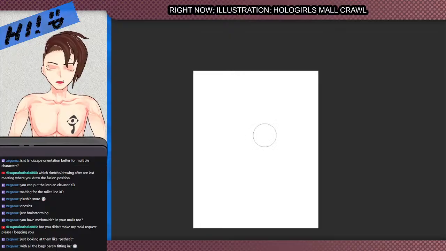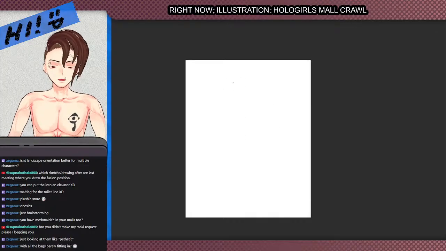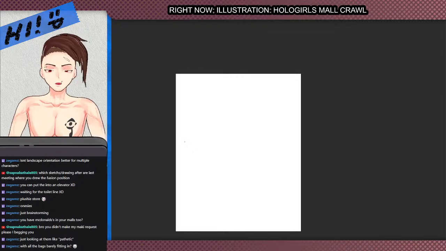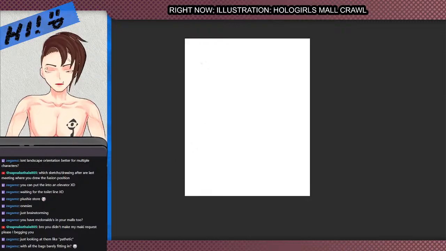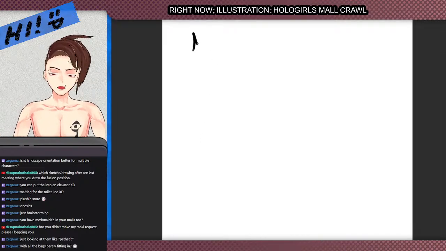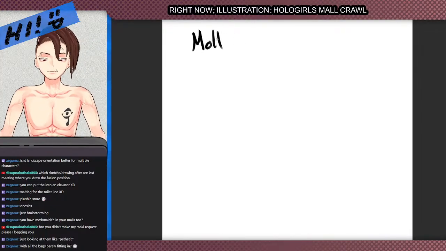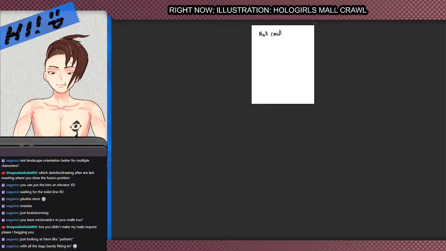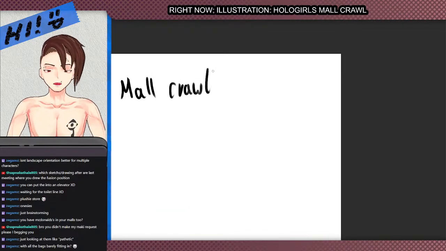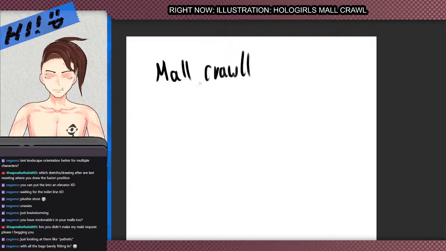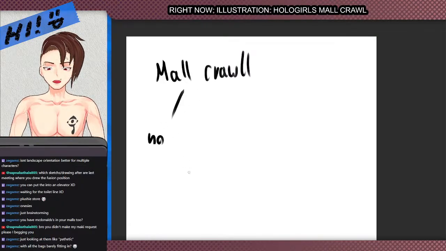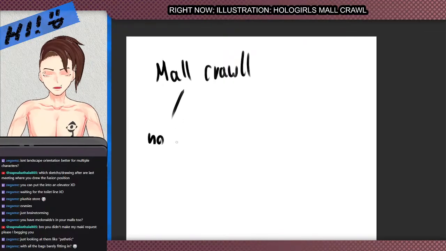The idea is that the girls are just going into the mall and walking around it, buying things they like, just walking around the entire mall and trying to figure out what they want. So no real purpose besides buying things.